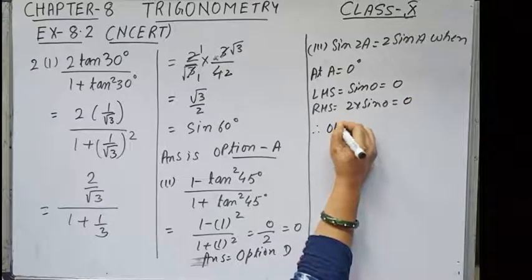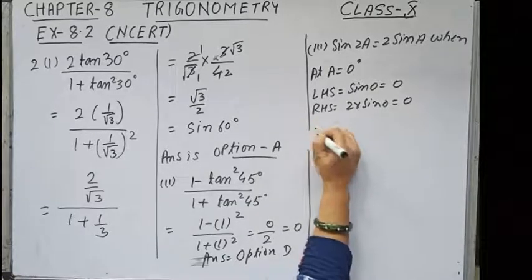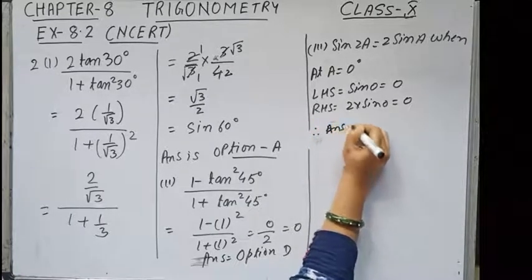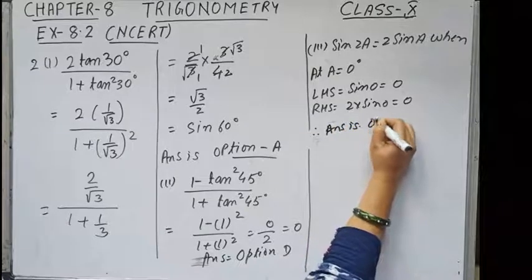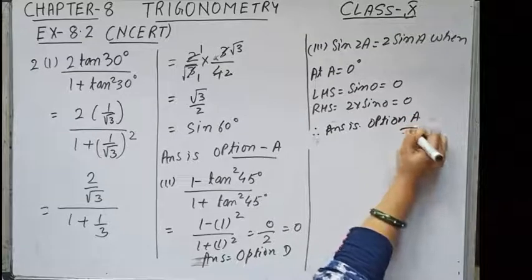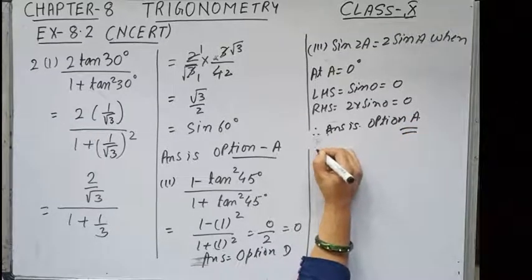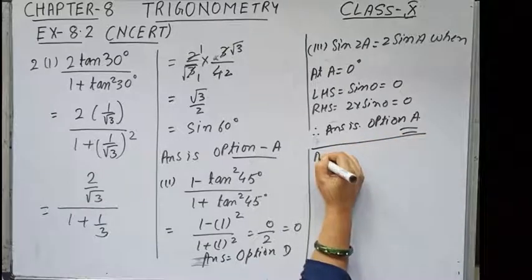Therefore, the answer is option A, which is giving A equals 0 degree. Now let us check for others also.